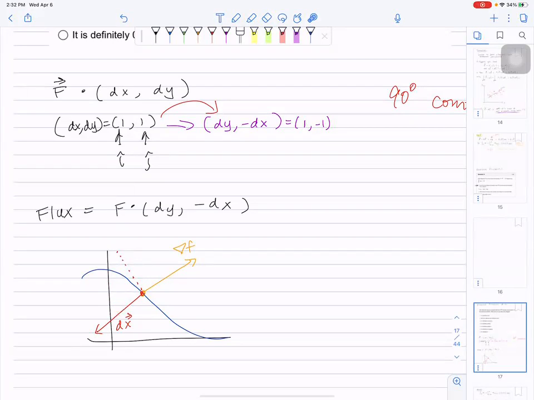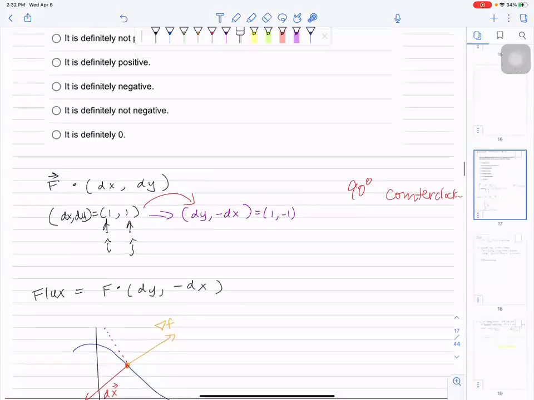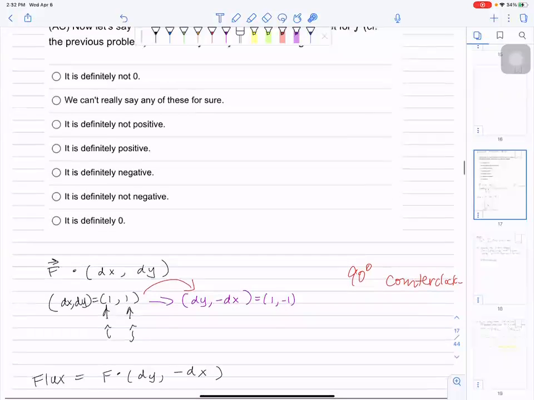That means our dx bar is now parallel to our gradient. So what should that imply? What can it not be? 0. Yeah, it cannot be 0. So it is definitely not 0.